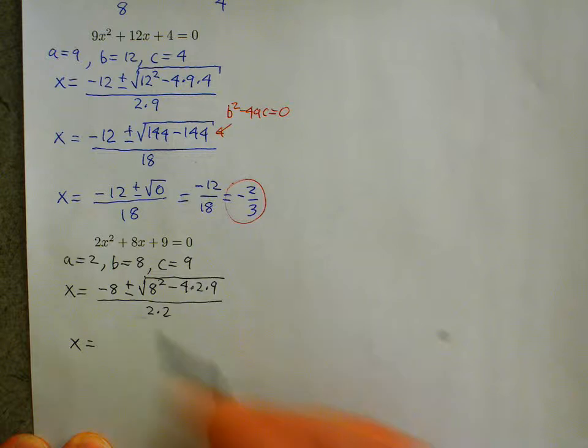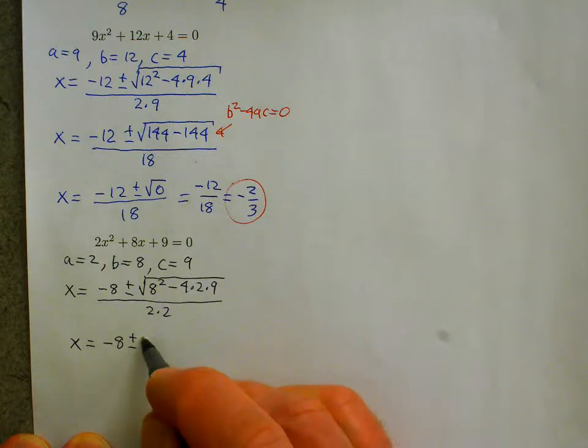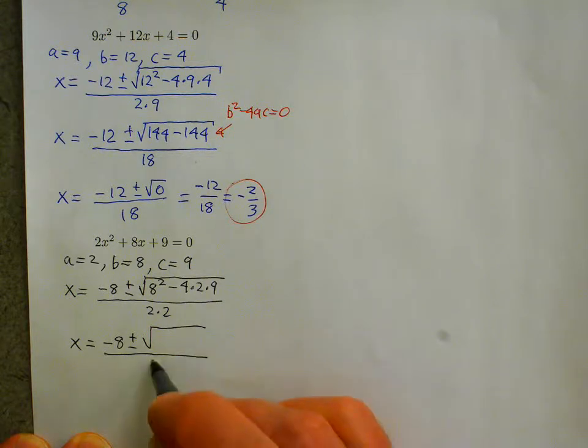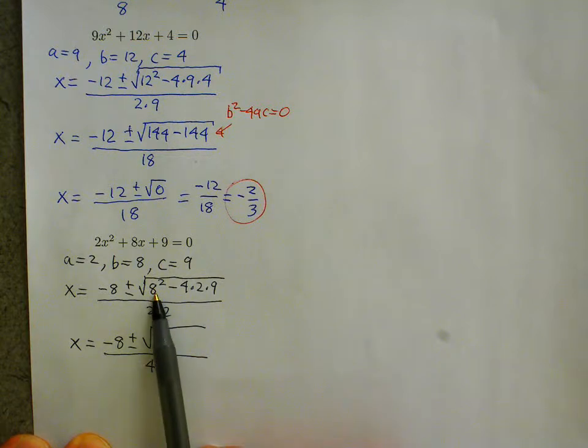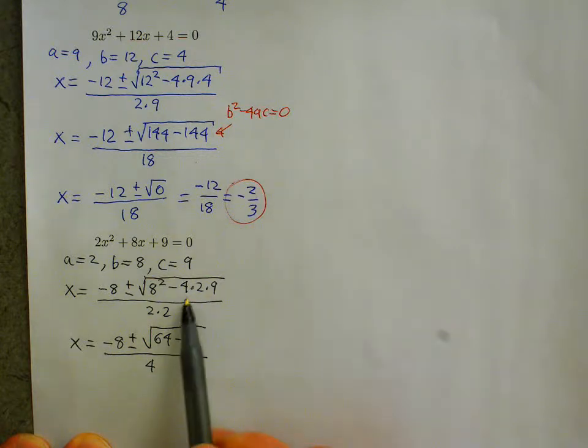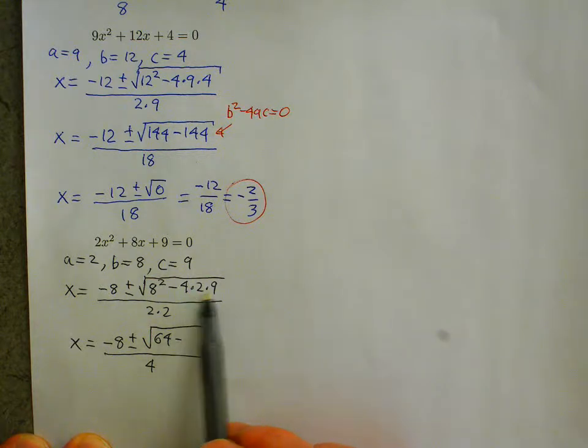Okay, then arithmetic, x equals negative 8 plus and minus the square root of a number divided by 4. 2 times 2 is 4 in the denominator. So inside the square root, 8 to the second is 64. And we're subtracting 4 times 2 times 9. 4 times 2 is 8. 8 times 9 is 72.